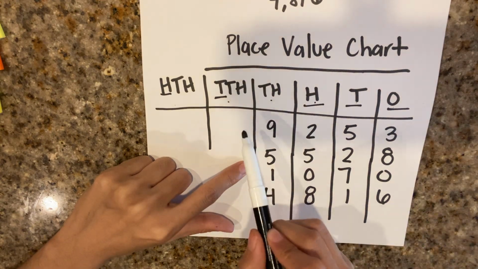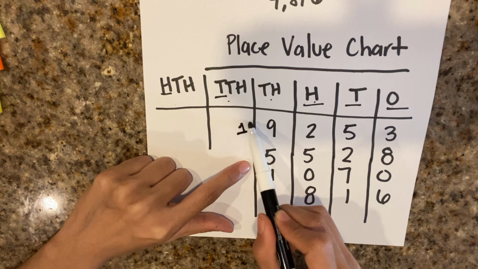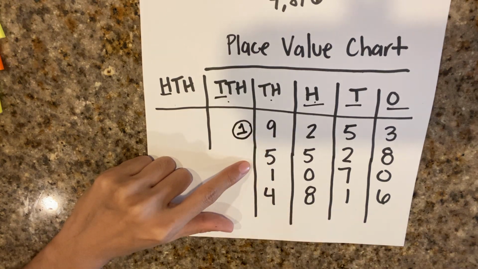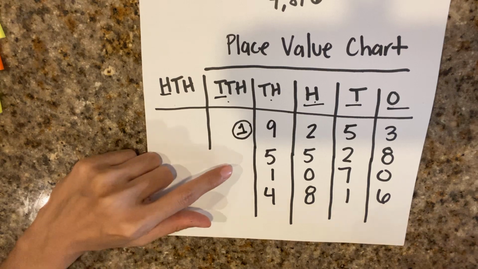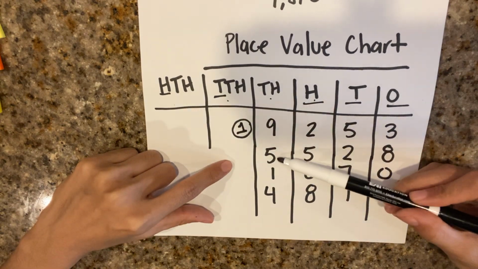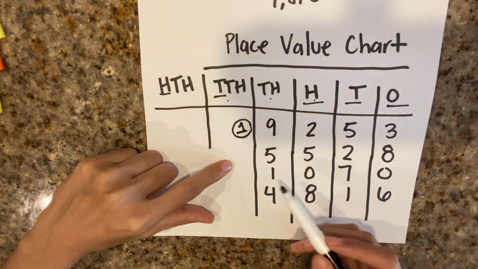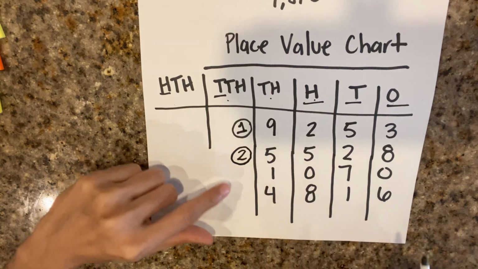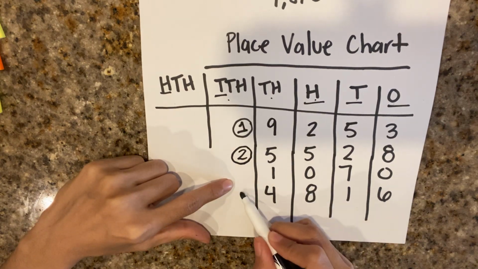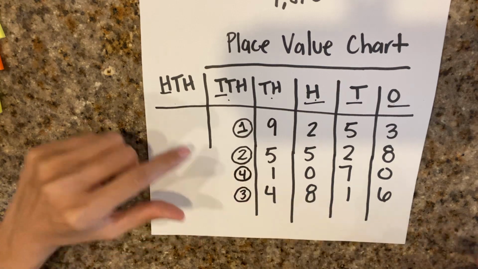That would mean that is our greatest number here. 9 would be our greatest number. So I'm just gonna put a 1 there so I know that is my highest number, that is my greatest, that is the greater value. Then from here I have 5, 1, and 4. So the greater number here would be 5. So this number would be the second greatest. And then our third, and then this would be the fourth number.